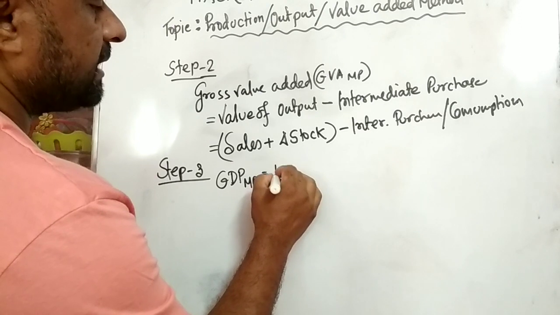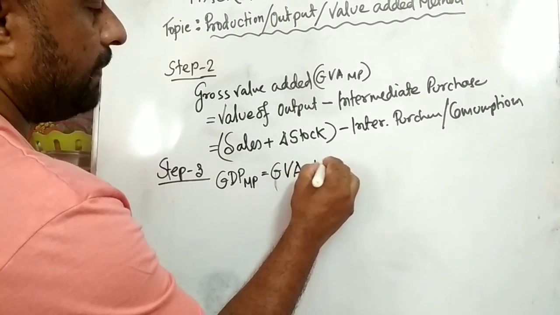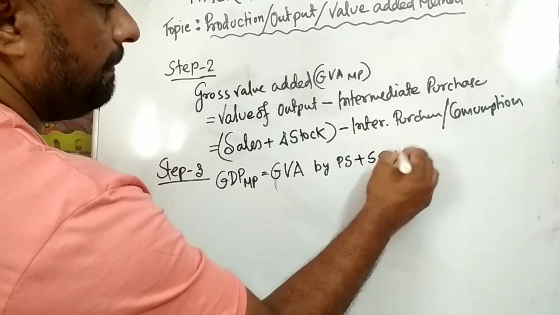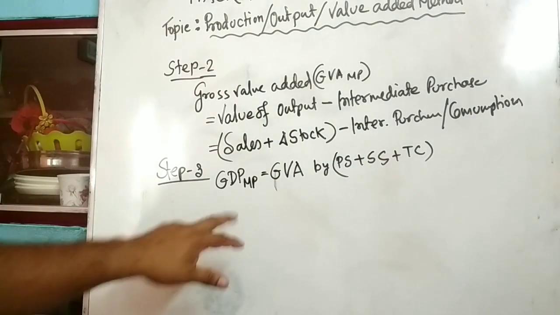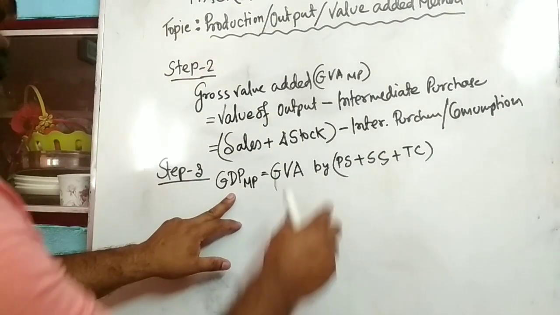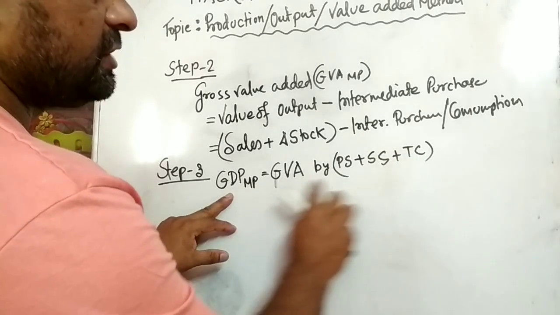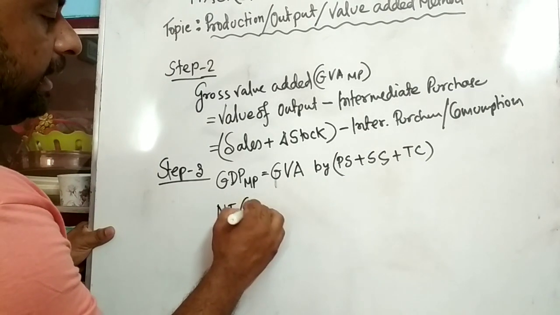Primary sector, secondary sector, and tertiary sector. GDP at market price is the gross value added by the primary sector plus secondary sector plus tertiary sector. The total production of the country means the production of the primary, secondary and tertiary sectors. So we get GDP at market price. Now national income, NNP at factor cost.